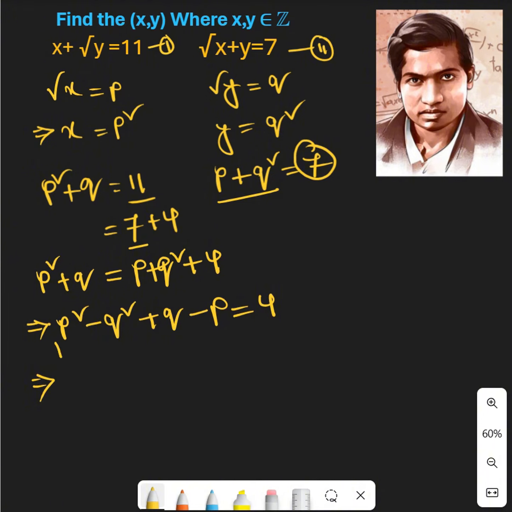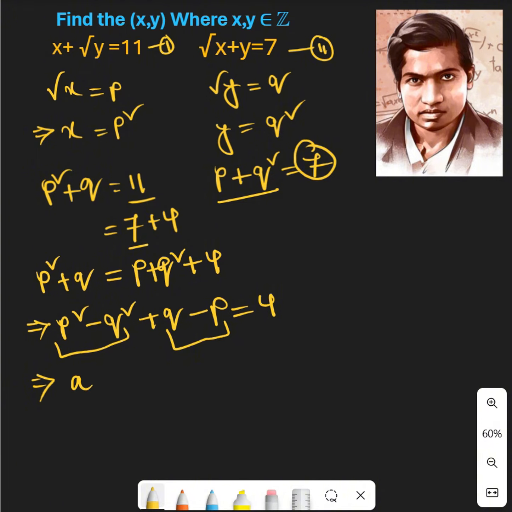And here this portion and this portion, what am I seeing, can you see that? Yes, this is actually the difference of squares formula, right? The difference of squares formula means a square minus b square.